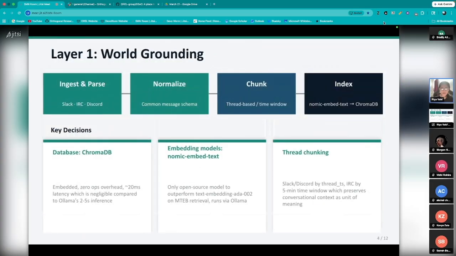So, going to the first layer, this is divided into four parts. The first part is ingesting and parsing data from Slack, IRC, and Discord. Then I would move to creating a common message schema, and then on to chunking, because not every message would carry much context.